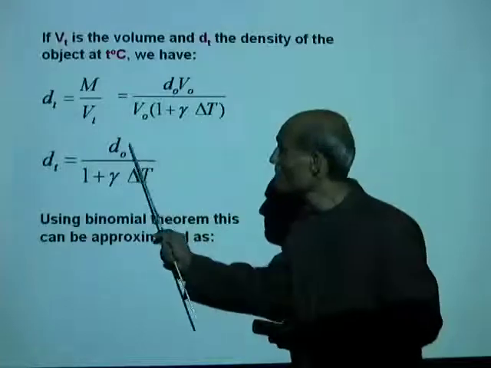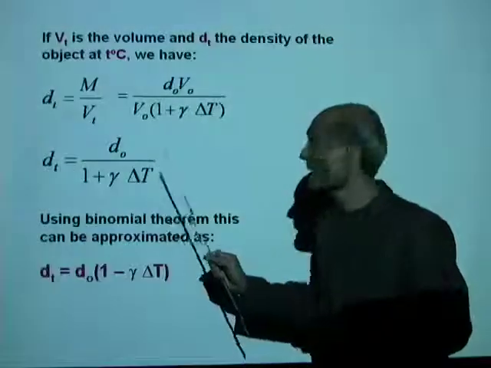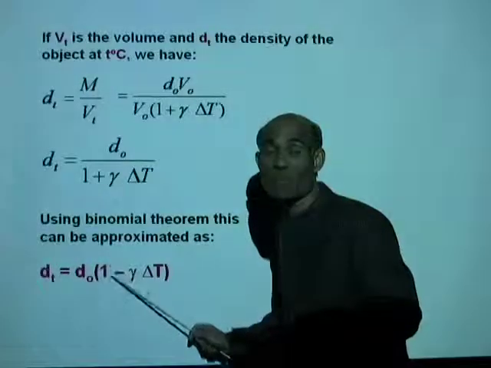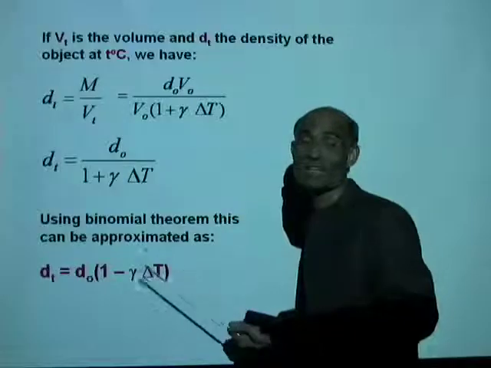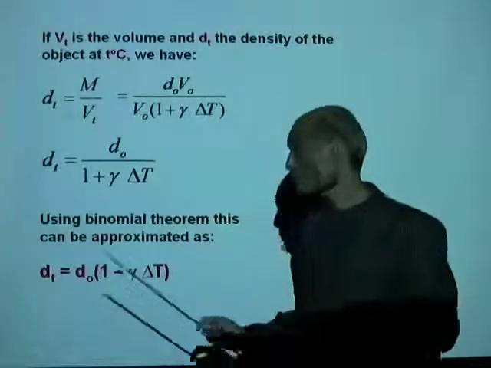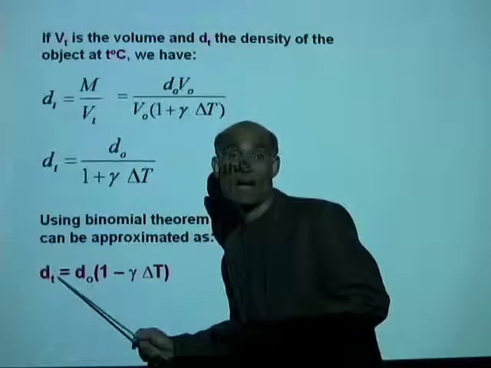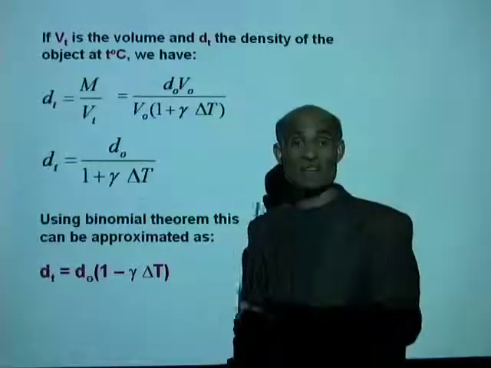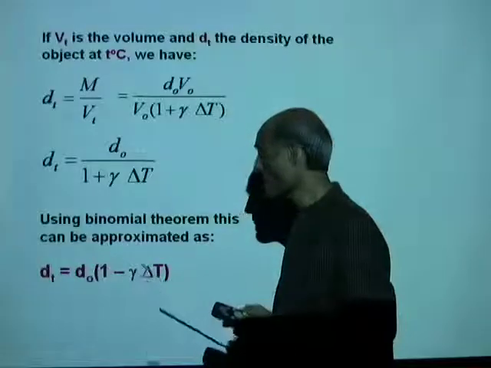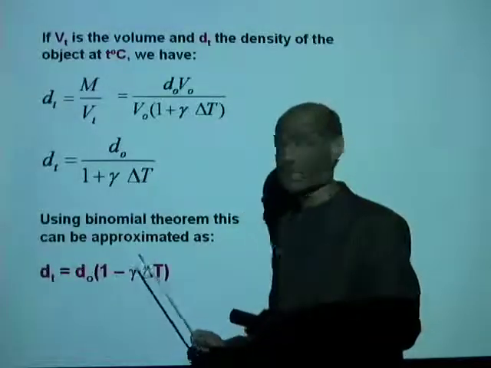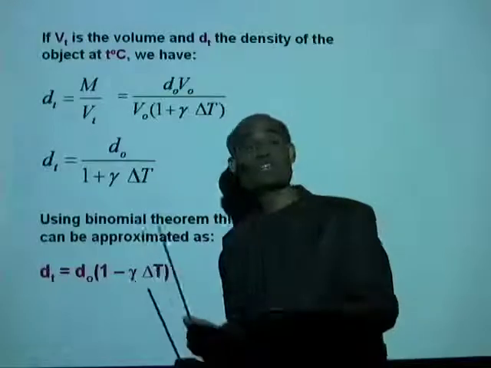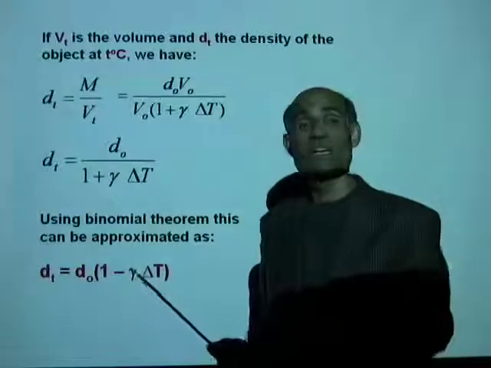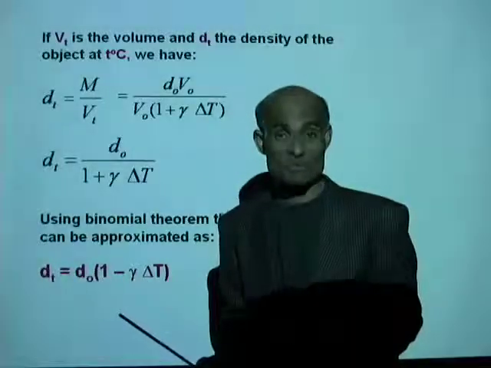Using binomial theorem, this can be approximated as dt equal to D0 times 1 minus gamma delta T. So density at a higher temperature equals density at 0 degrees Celsius times 1 minus gamma delta T, where gamma is the coefficient of volume expansion and delta T is the change in temperature.